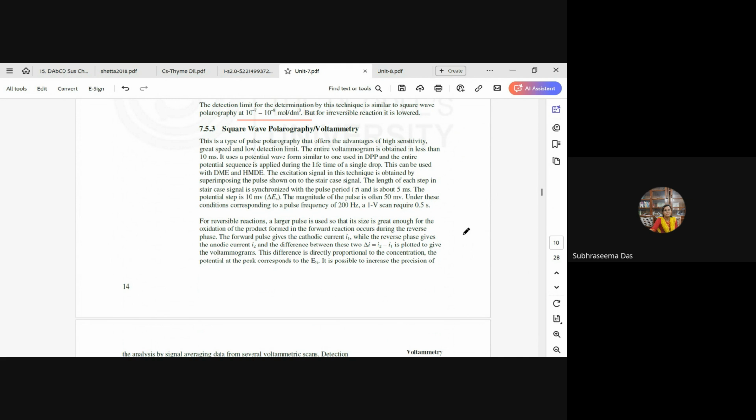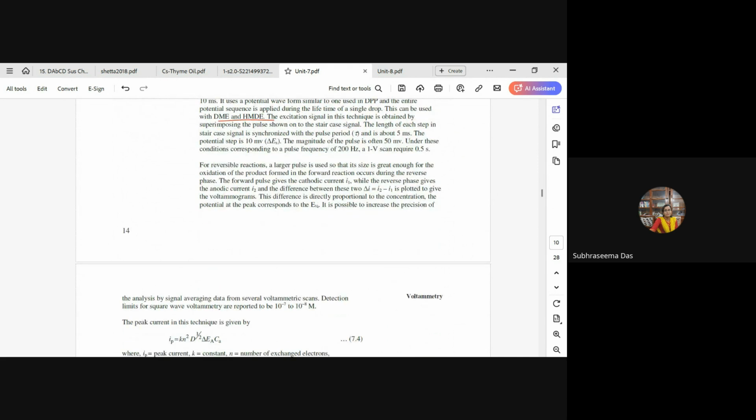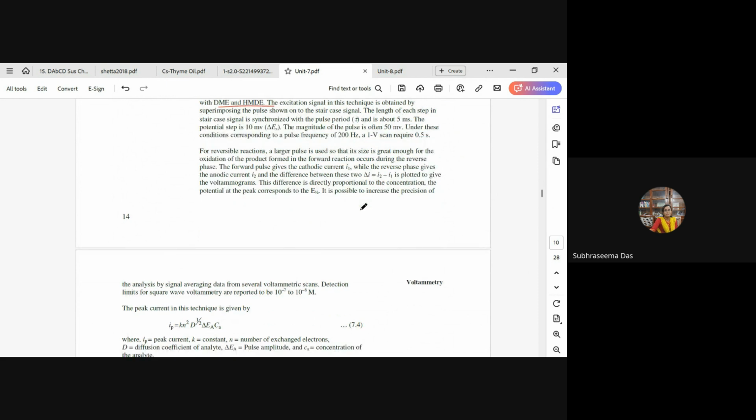This can be used with a DME or a hanging mercury drop electrode. The excitation signal in this technique is obtained by superimposing the pulse on the staircase signal. However, for reversible reactions, a large pulse is required.